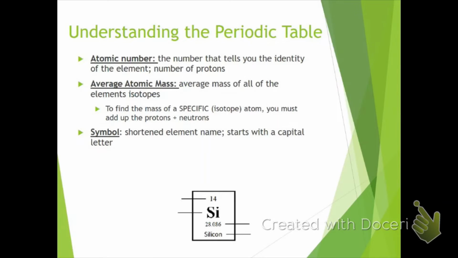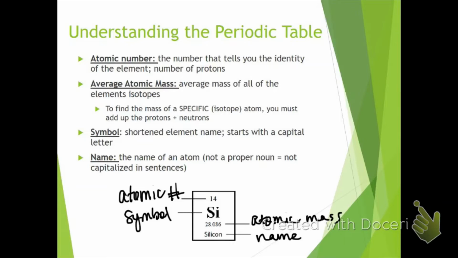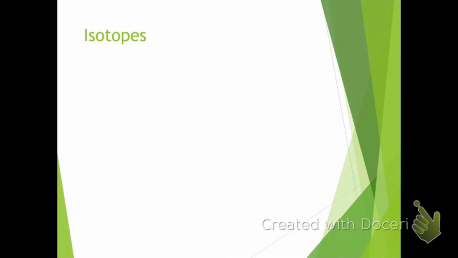The symbol is our little shortened name, 1 or 2 letters. The first letter is always capitalized, and then the name is just the full-on name, and we do not capitalize that. Okay, so as we said, more to come on isotopes. An isotope is when we have an atom of the same element, but it has a different mass.